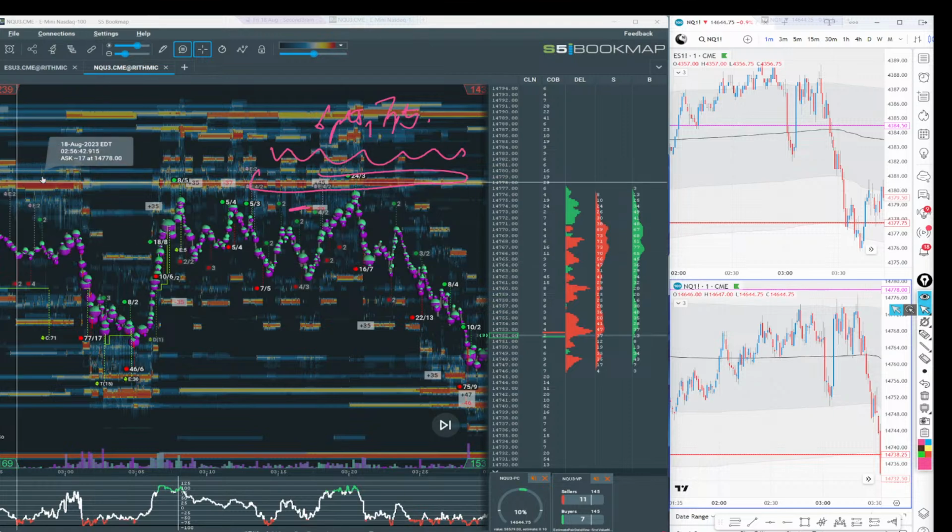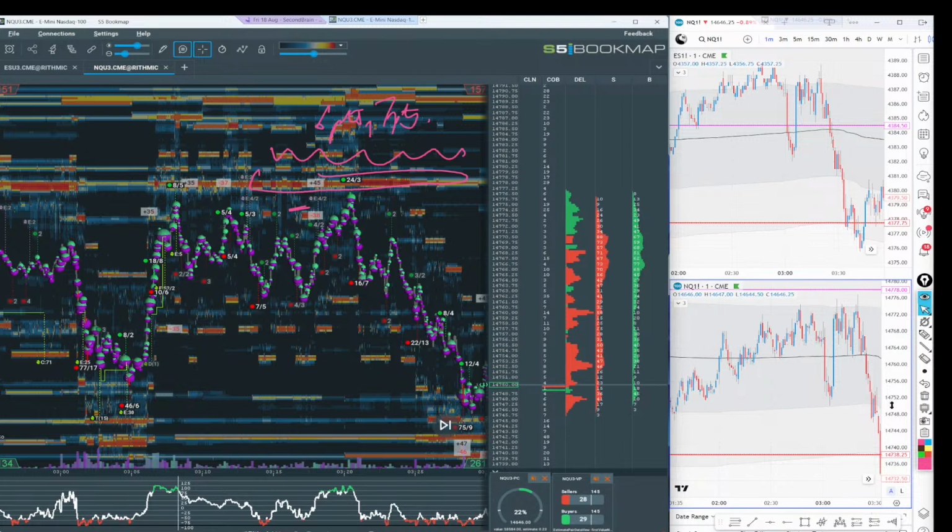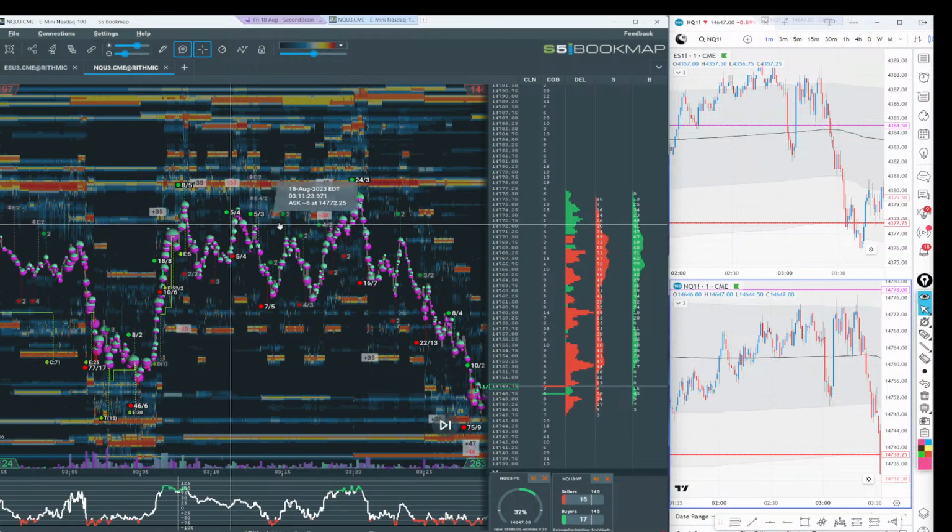So they come up. Let me just get rid of that as well. This is the last thing I can redo. One thing that you can't see, which is not really as good in real time, is the book pressure.